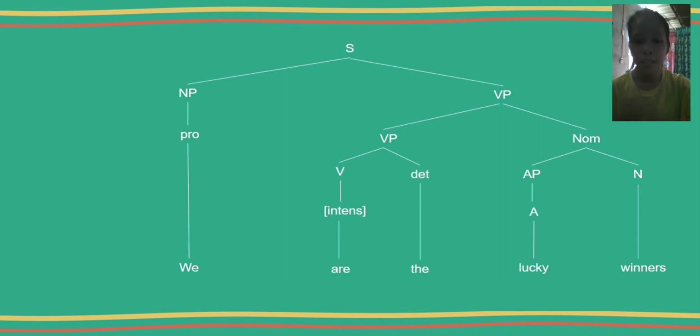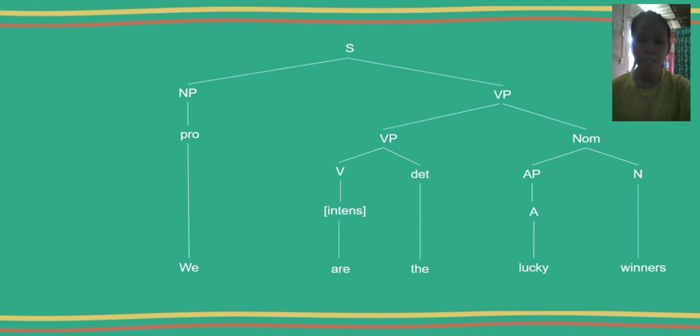the whole structure analysis. So we have here the sentence, and we have the noun phrase and the verb phrase. Under the noun phrase, we have only "we." "We" is a pronoun and it is the noun phrase in itself. So we have here the verb phrase.